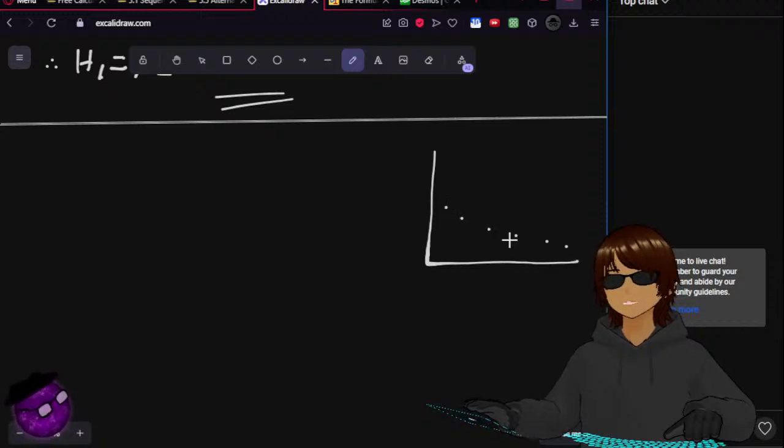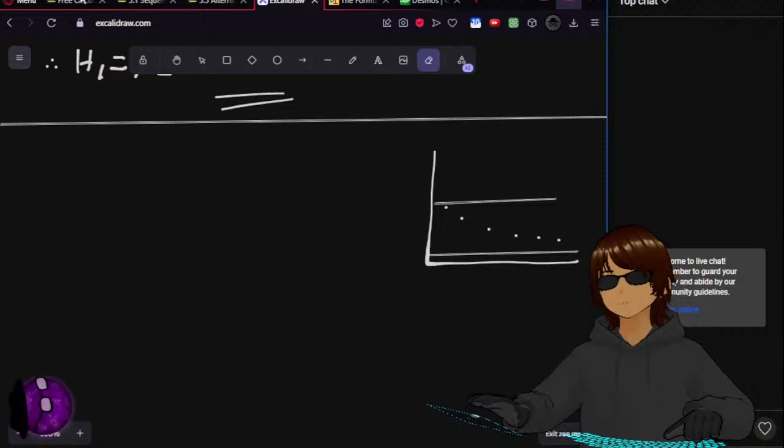Then a1, a2, a3, a4 and so on. Let's say it goes like this. Basically it doesn't go above this line and it doesn't go below this line. Then the sequence is bounded below by this line and bounded above by this line.